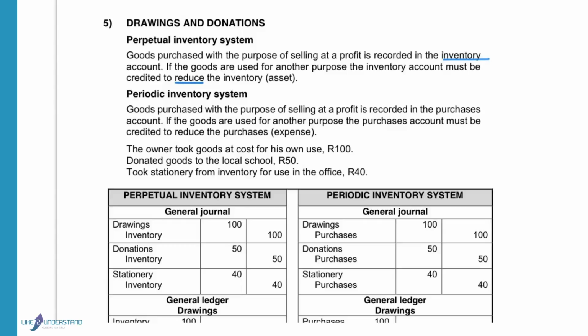In the periodic inventory system, goods purchased with a purpose for selling at a profit will be recorded in the purchases account. If these goods are used for another purpose, you will reduce your purchases account to reduce the expenses for purchases. Okay.